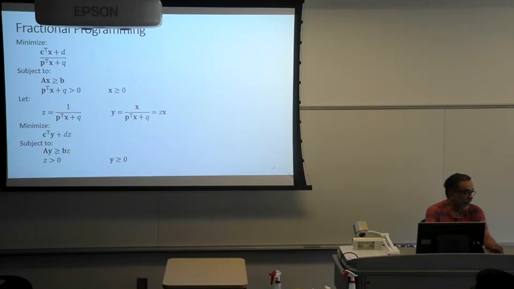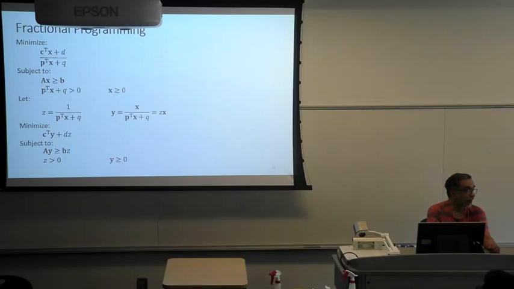For this inequality, since I know that P transpose X plus Q is greater than 0, it must be, otherwise this would become infinite, right? Because of this, it's positive. Therefore, I can divide both sides by the same denominator.